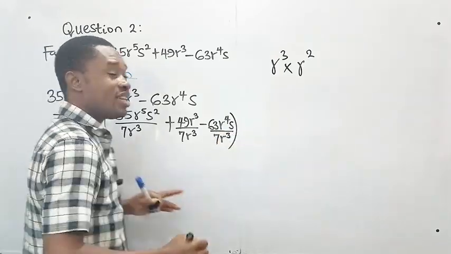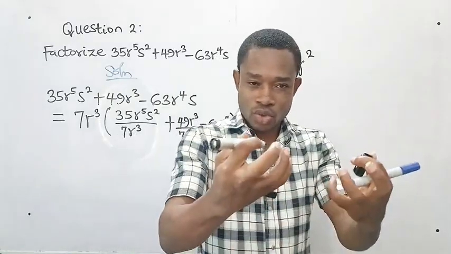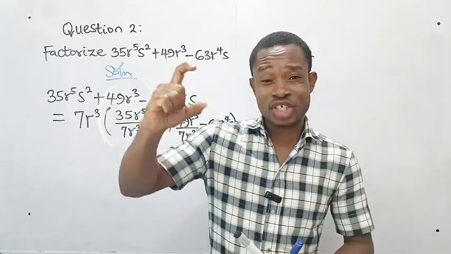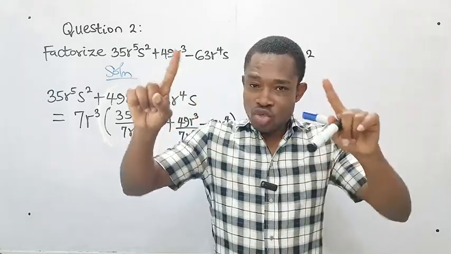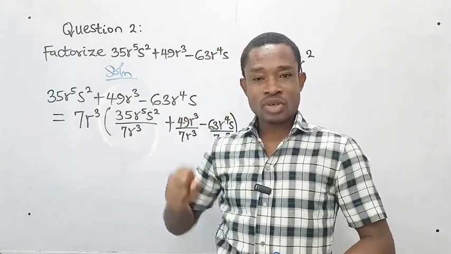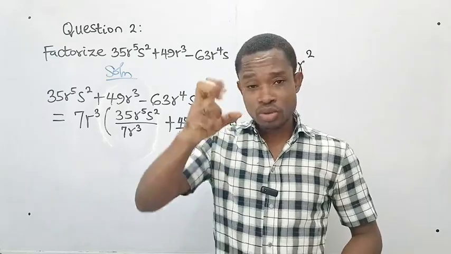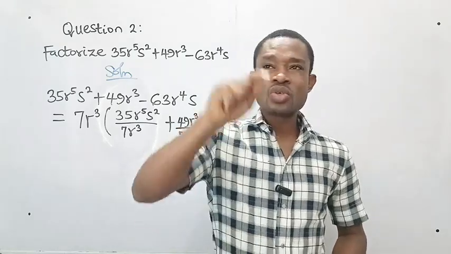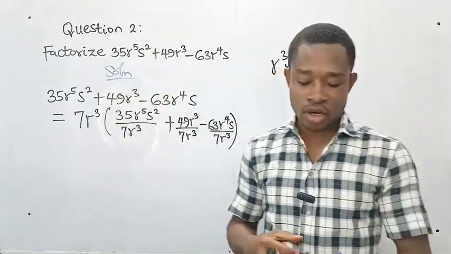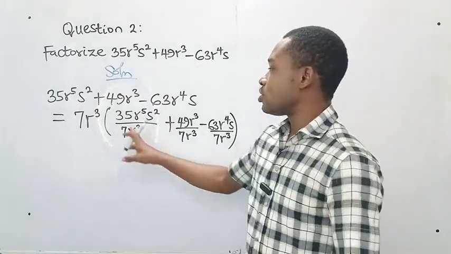So the idea is anytime you factorize out, you pull out a common term from an expression. To get the new term that must be inside the bracket, use that common term, that highest common factor you pulled out, and use it to divide each of the terms you factorized it out from. Okay, now here we are going to divide.